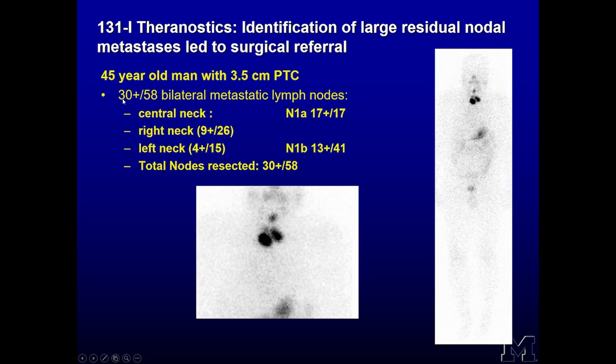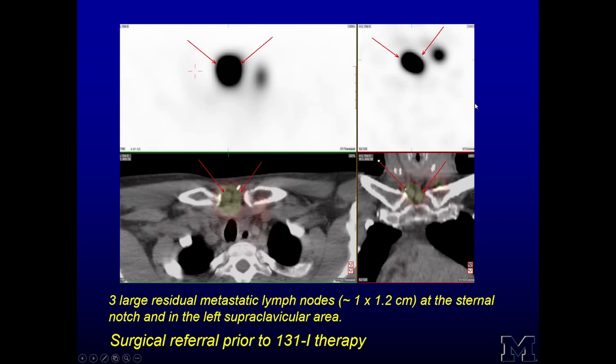He had multiple lymph nodes resected, practically 58 lymph nodes resected, out of which 30 were involved with metastasis in the bilateral neck. However, the post-total thyroidectomy diagnostic scan demonstrates the presence of residual metastatic lymph nodes unexpectedly here in the central neck compartment, which is clearly demonstrated on SPECT-CT here at the sternal notch.